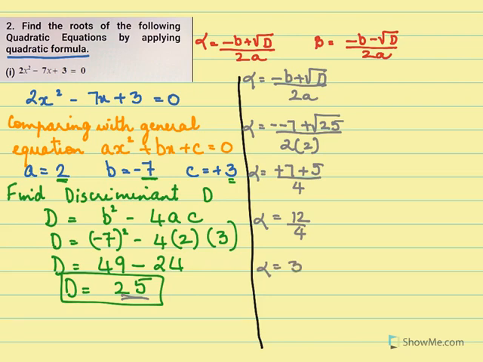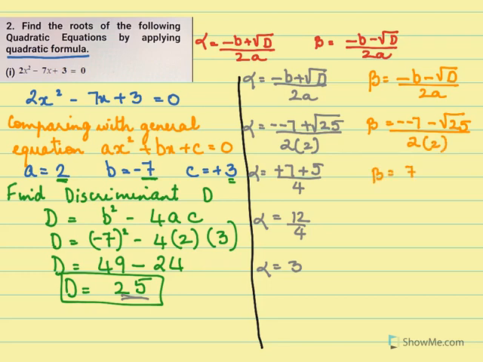Now to go on to beta, so we know beta was minus b minus root d over 2a. Now put your values. So beta will be minus of minus 7, because b is minus 7, minus root d, d is 25, over 2a, 2 into a is 2.